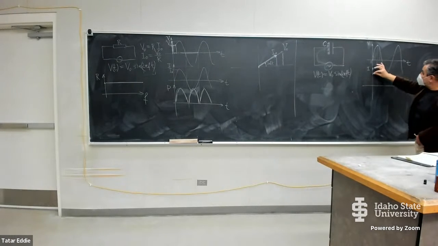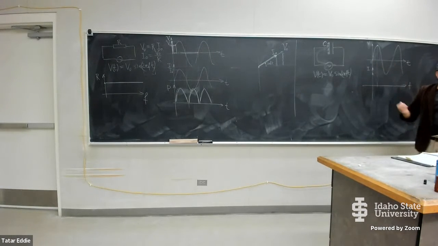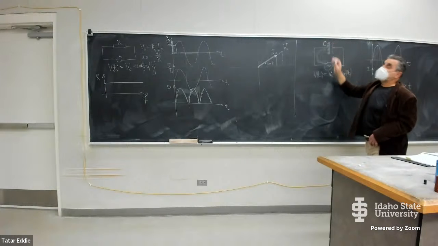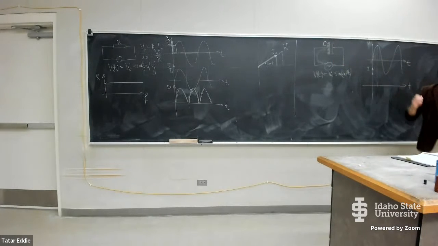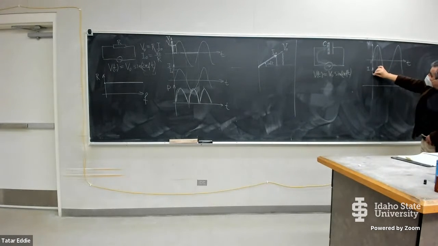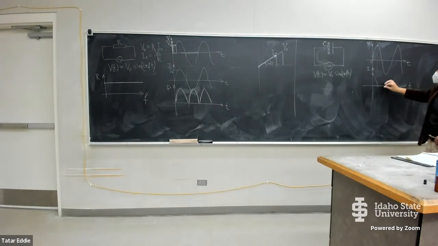And the current actually drops because you just cannot overcome the repulsive Coulomb forces from the charges that are already on the plates of the capacitor. So instead of increase of the current, you have decrease.